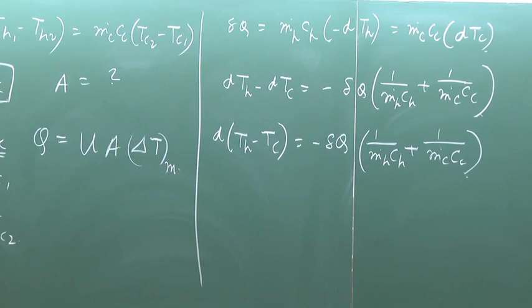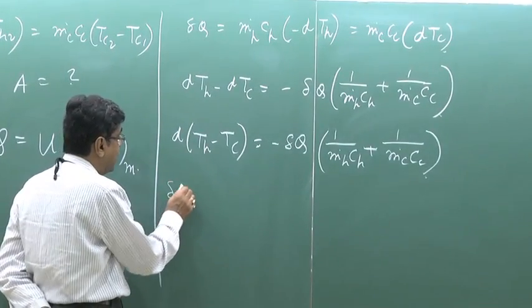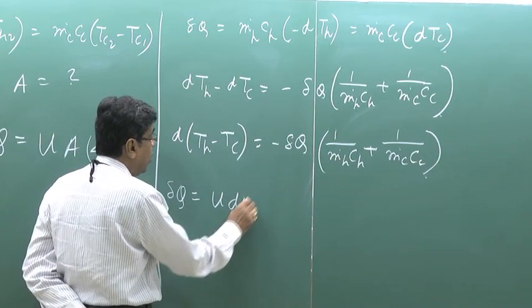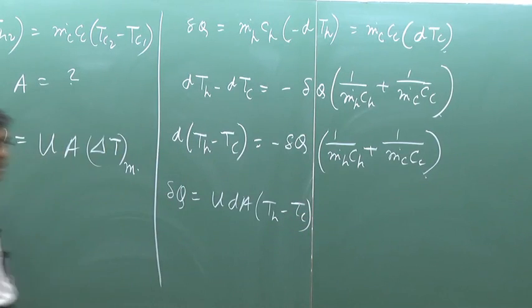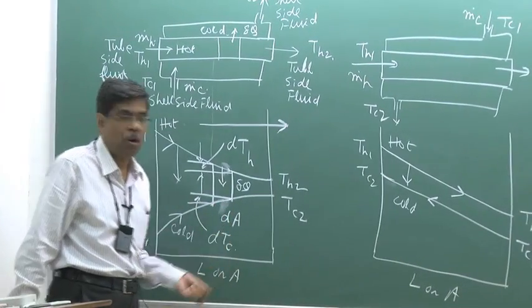Now from the definition of heat transfer by this equation, the overall heat transfer coefficient, we can write delQ at that section is U dA into (TH minus TC), because TH and TC are the hot fluid and cold fluid temperature at that section, an infinitesimally small section of area dA.